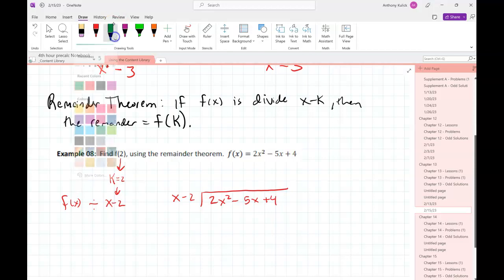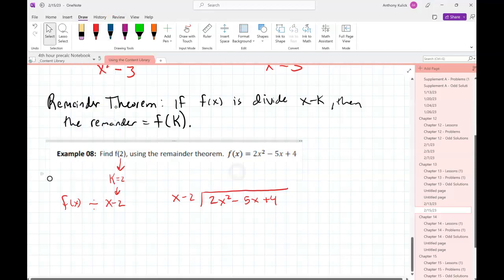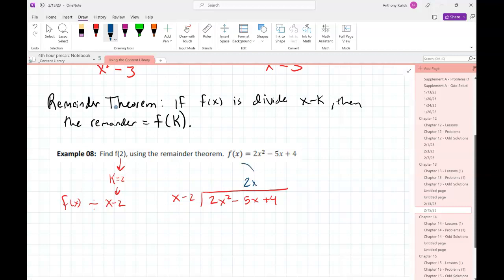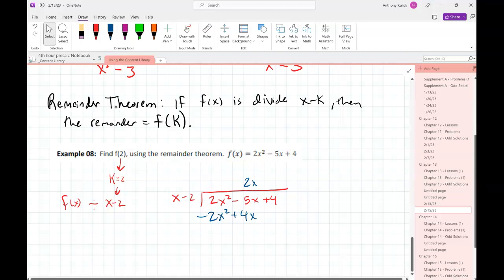So there's my setup. What times x gives me 2x squared? 2x. Multiply through, 2x squared minus 4x, and then I'll subtract through.